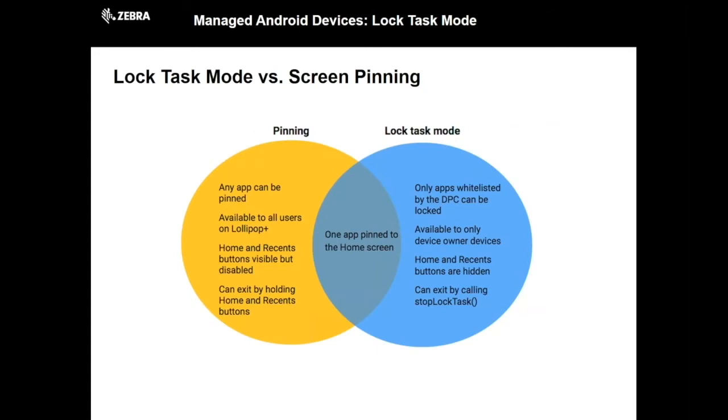Lock task mode was introduced in Android Marshmallow. It differs from pinning, which was a feature introduced in Lollipop, in that it is aimed at enterprise use cases. With pinning, the example I use is, I'm watching a YouTube video and I want to share this with my friend on my personal phone, but I don't want my friend looking through all of my pictures.